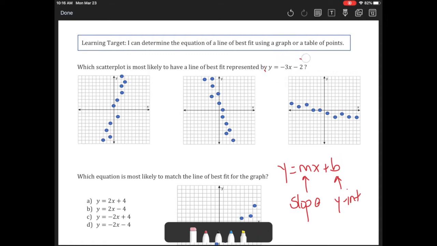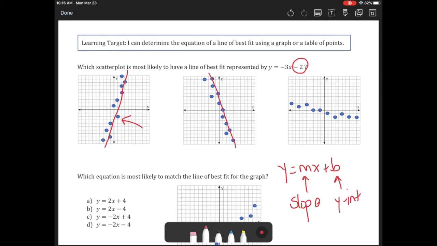So if I look at the y-intercept, let me get rid of this. The y-intercept is -2, so I need a graph that would cross at -2. This one, actually, that's not a very good representation. It would be more like, whoops, more like that. This one possibly crosses at -2.